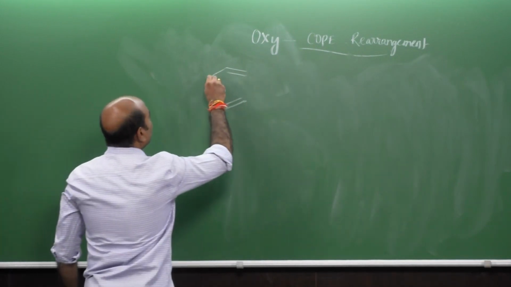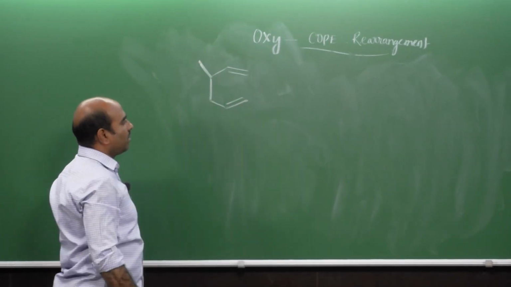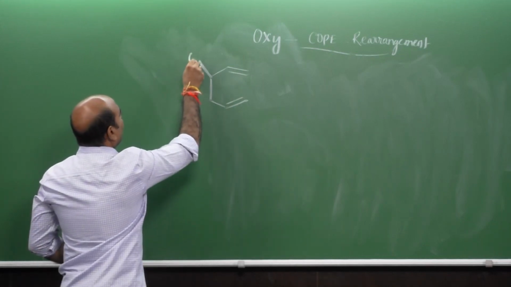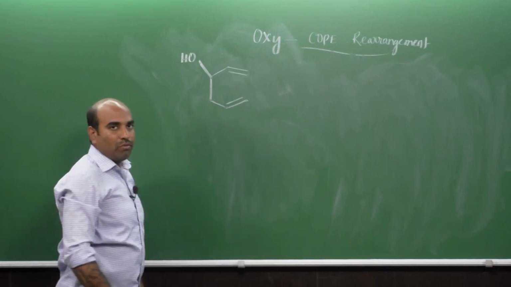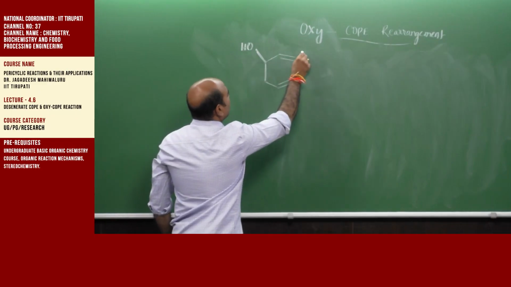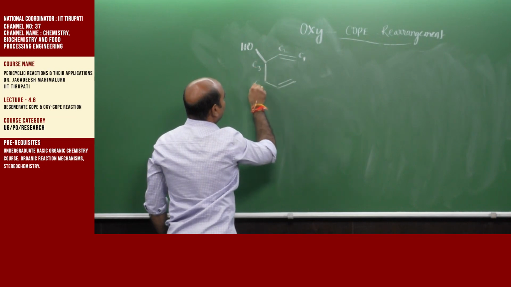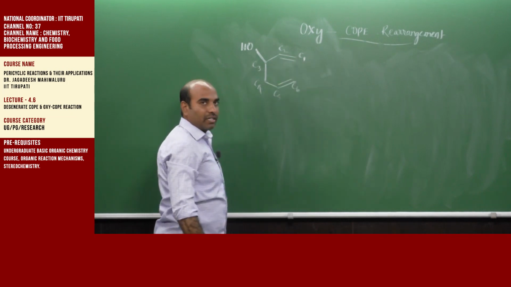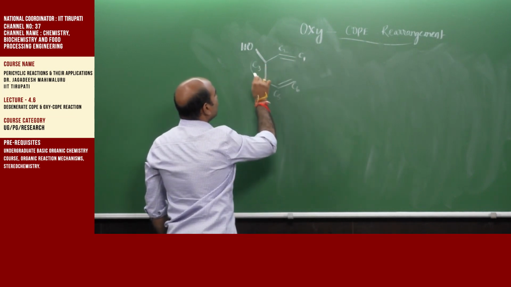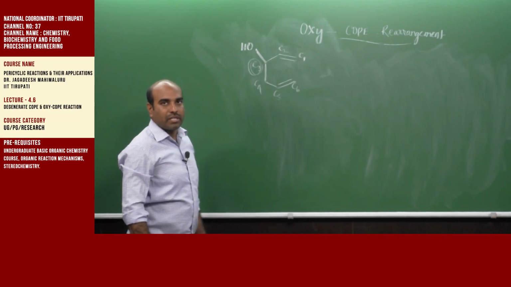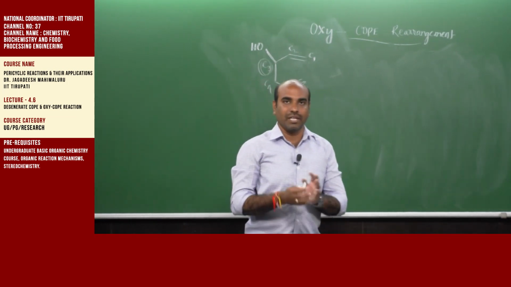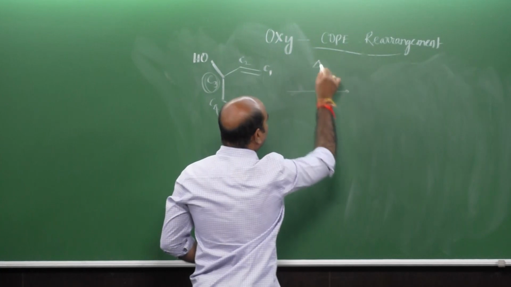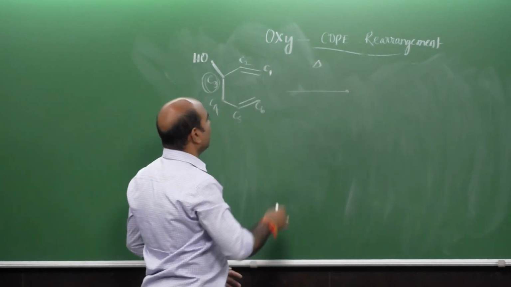If the C3 carbon atom of a typical 1,5-diene is given an oxygen functionality, for example an OH group. So, this is the C3, C1, C2, C3, C4, C5, C6. So, this is the 1,5-hexadiene skeleton, on which if the C3 carbon atom is provided with an oxygen functionality like an OH group, then the normal Cope rearrangement, what is happening here, the exact same thing will be seen.